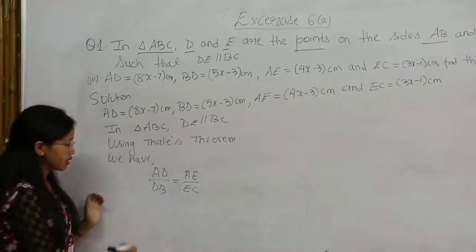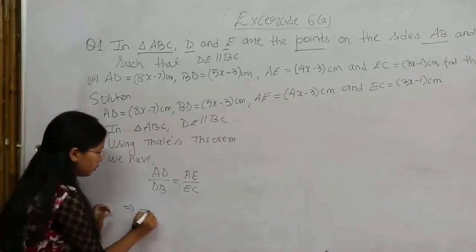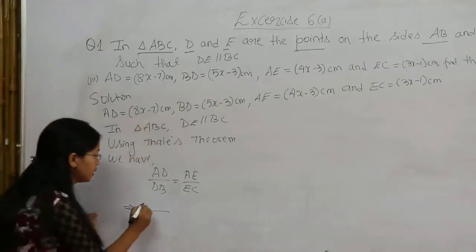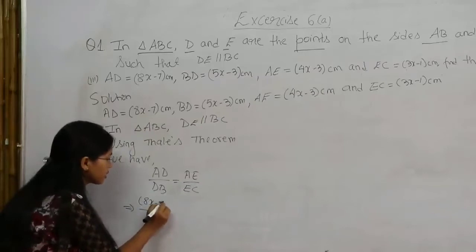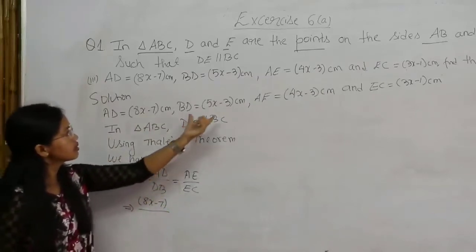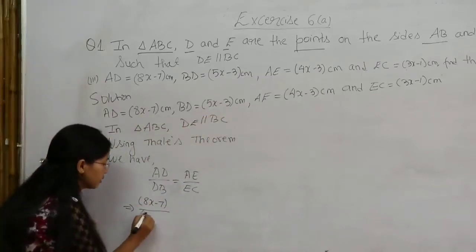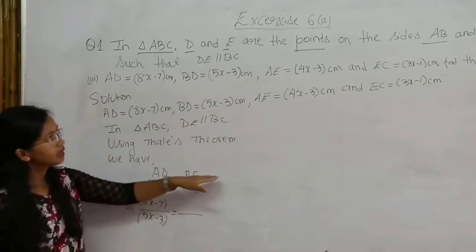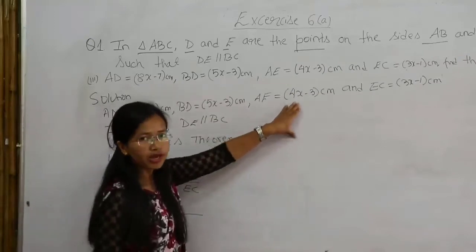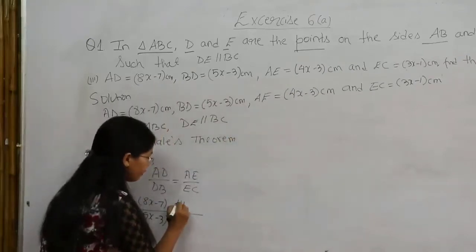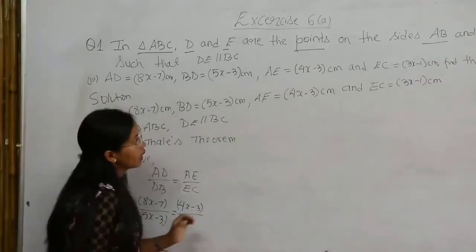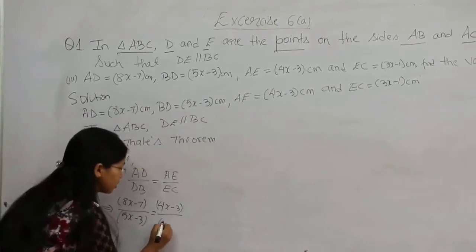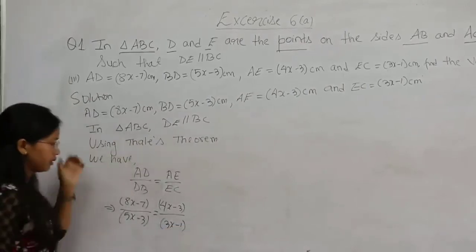Right? So let us substitute here. What will be our AD? Our AD is 8x minus 7. DB is 5x minus 3. And then AE is 4x minus 3. And then EC is 3x minus 1. Right.